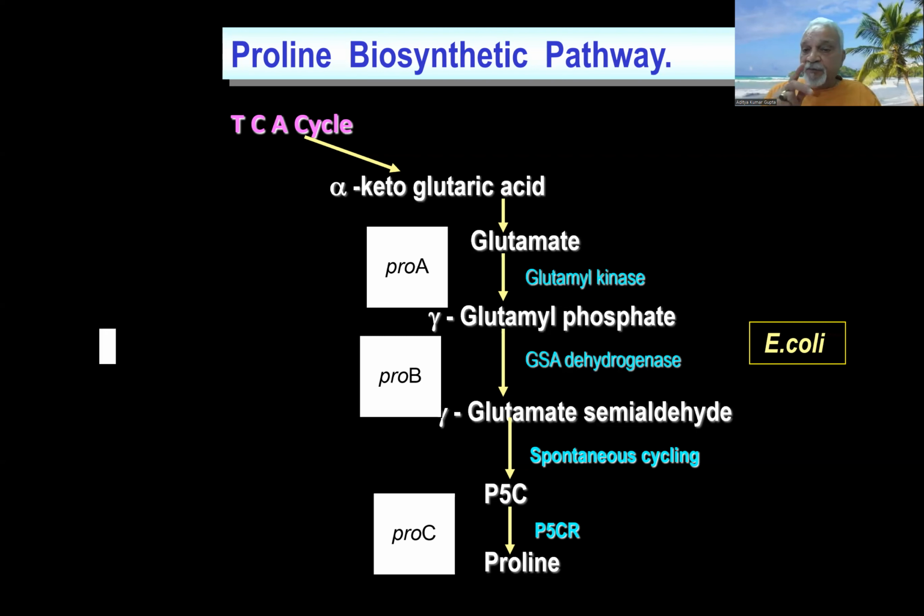Means one mutation is making it non-functional, and with the help of another copy of the gene which is perfect or which is right, it is complementing the defective gene, and the cell regains the wild type phenotype.